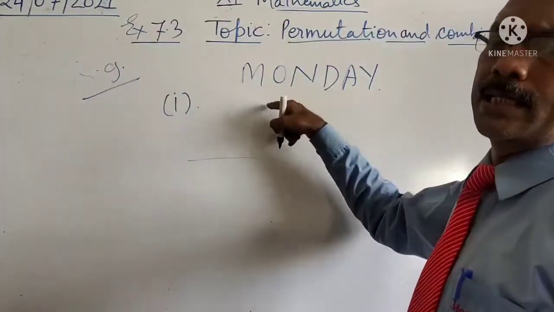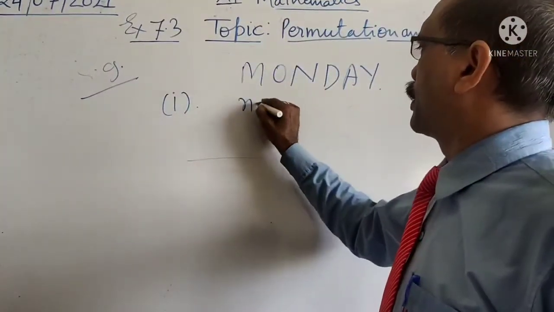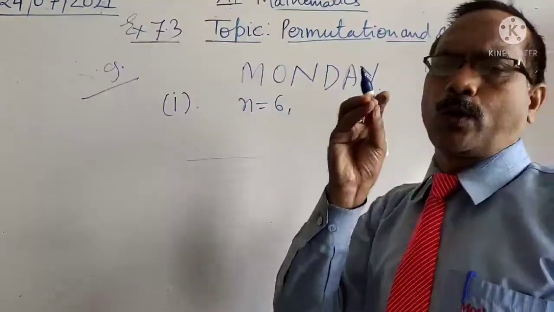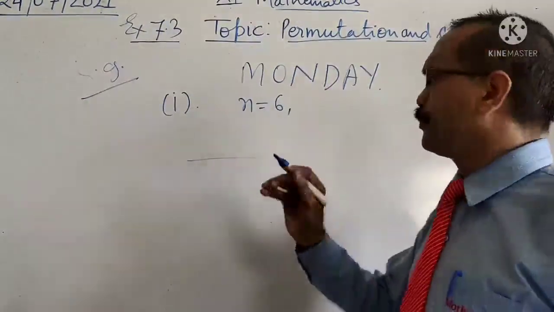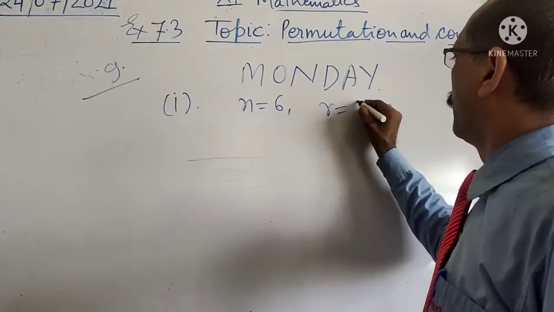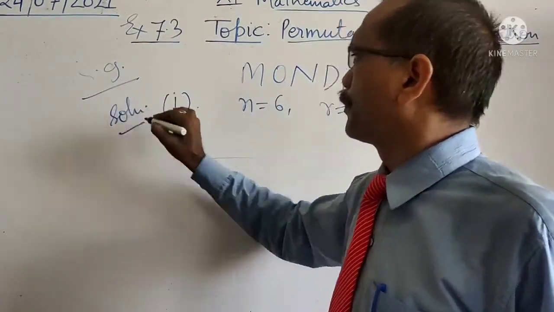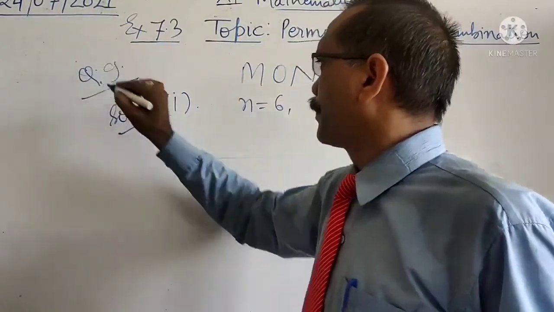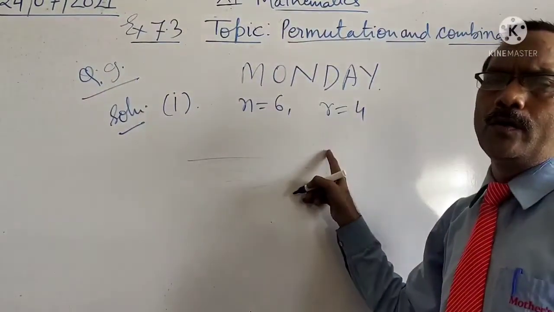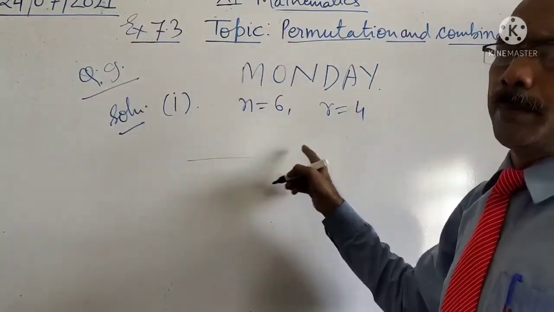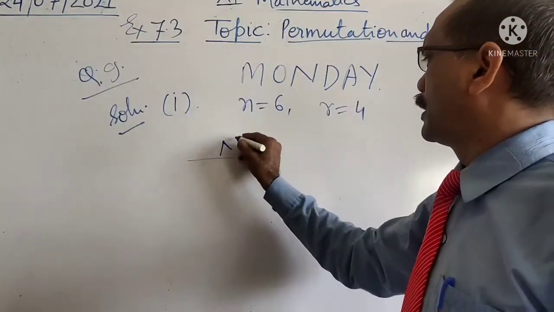There are 6 letters, so n equal to 6. Since 4 letters are used at a time, therefore r equal to 4.